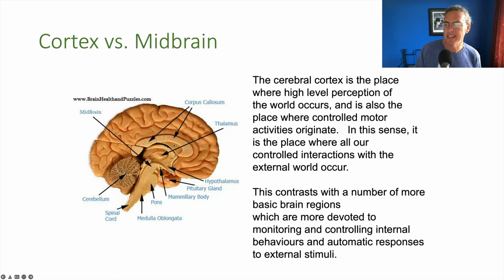We also talk about them as the limbic system, and that's the very old primitive part of the brain. And this very old primitive part of the brain really has a lot to do with survival. So if we drop down to the second spot here, this contrasts with a number of more basic brain regions, which are more devoted to monitoring and controlling internal behaviors and automatic responses to external stimuli.